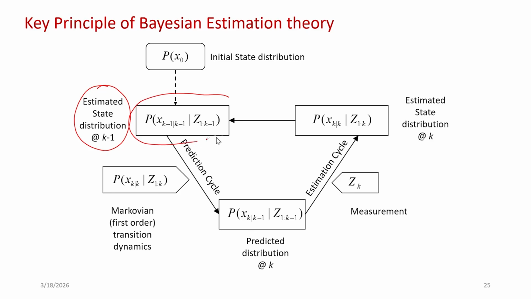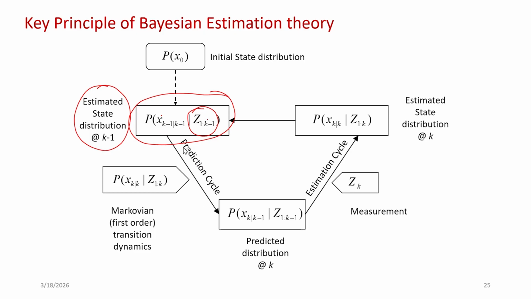When I say probability of x k minus 1, this means you have estimated your state using measurements z 1 to k minus 1. You have used this much measurement, and you have estimated this. So, this is your estimated distribution.